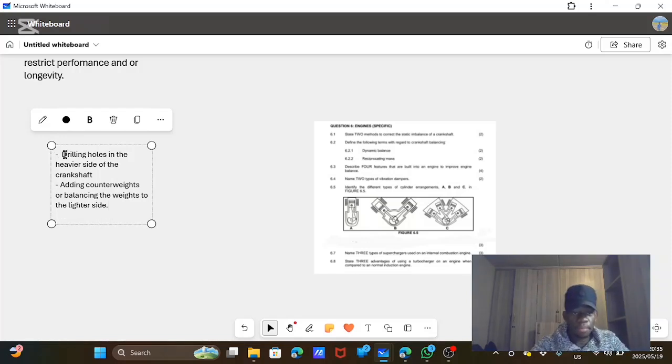That's number one. Now let's go to number two. Number two says determine the following terms with regard to crankshaft balancing. Number one says dynamic balancing. The answer is dynamic balancing.